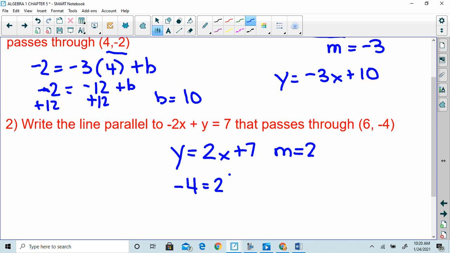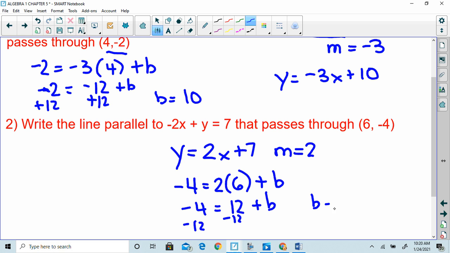Y is equal to m times x plus b. We'll subtract 12 on both sides, and we'll see that b is equal to negative 16. So the line that is parallel to this one would be y is equal to 2x minus 16. Same slope, different y-intercepts.